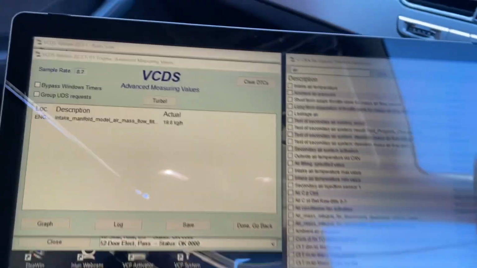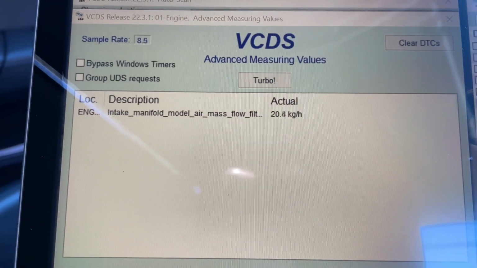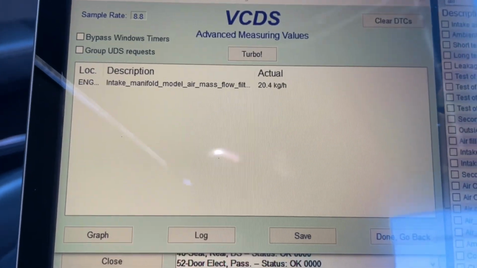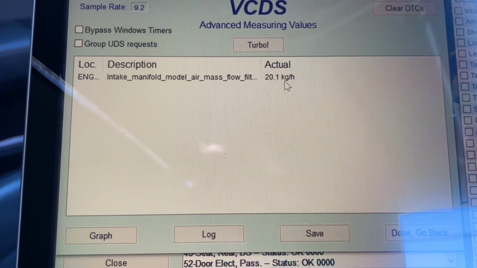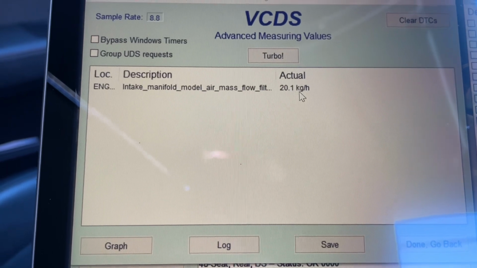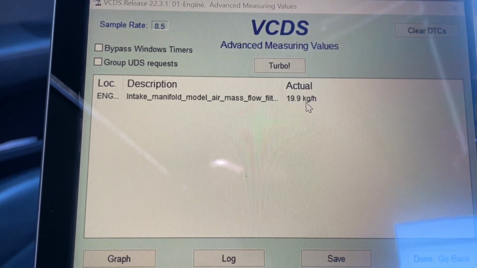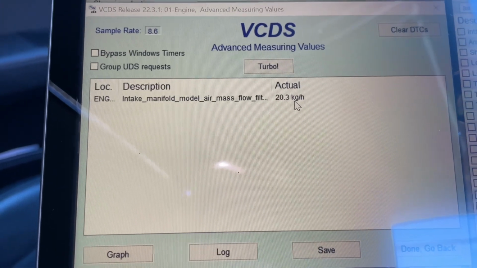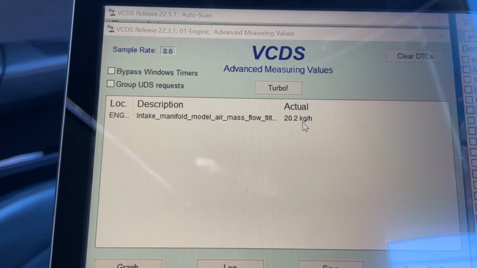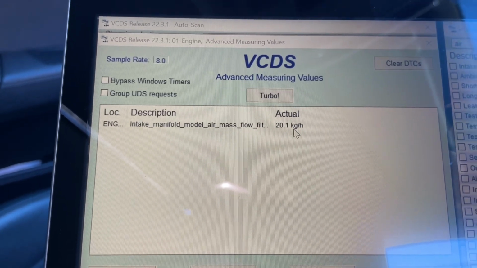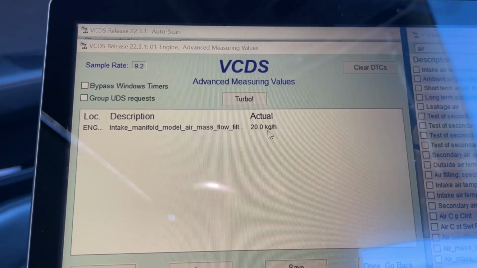Okay, then we've got VCDS. I believe these are the figures we're looking for. This is actually how many kilograms per hour of air is going into the engine. On idle you see it is 20 kg/h.